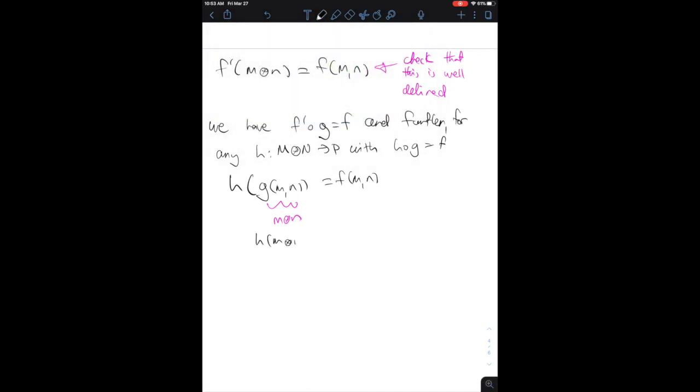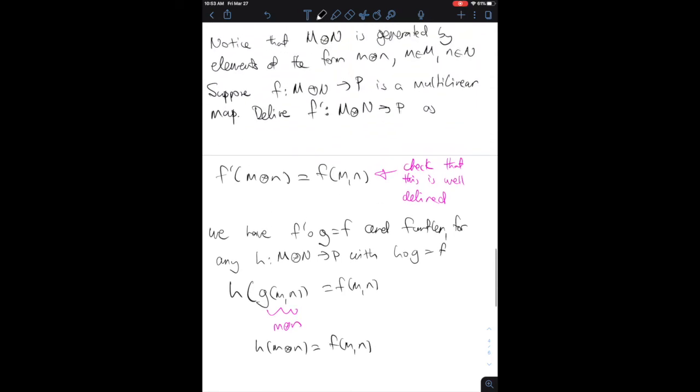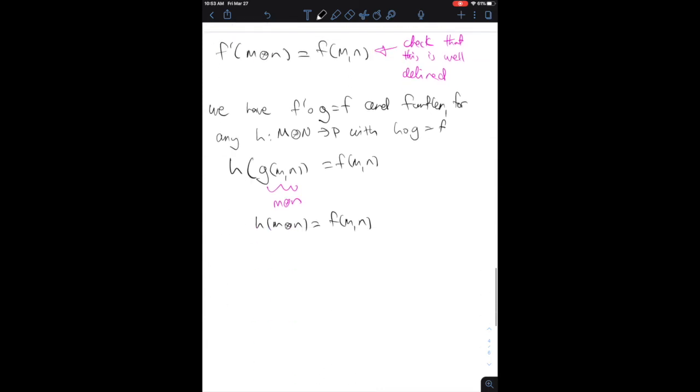So this tells us that h of m tensor n equals f of (m, n), which means if we compare it with the rule for f prime, this implies that h equals f prime.